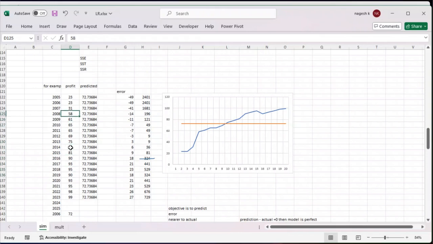In the same way, since the profit is given for 2005 to 2023, the average for these values is 72. So 72 is the next prediction.